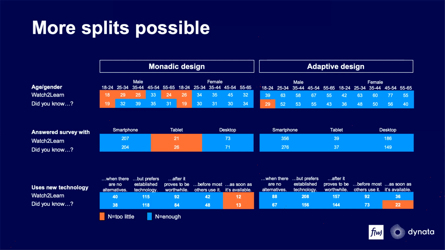But also when looking at the blue areas, like the device split, and looking at desktop specifically, we see that we have something like 150 with adaptive, but only about 70 completes with a monadic design. So we can dive a bit deeper into desktop with the adaptive design, more easily with a more robust base.